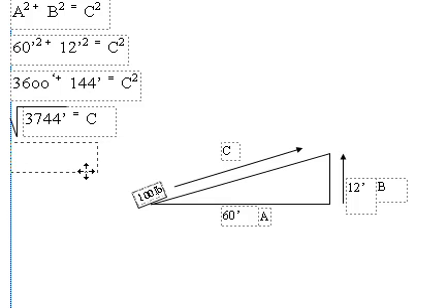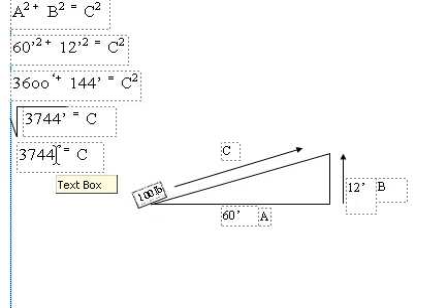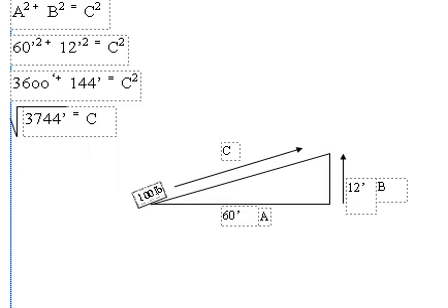So the answer then becomes c equals, not c squared, c equals 3,744 feet. That's not right either. The answer should be 61.19 feet. Get rid of that. Put the right one in.